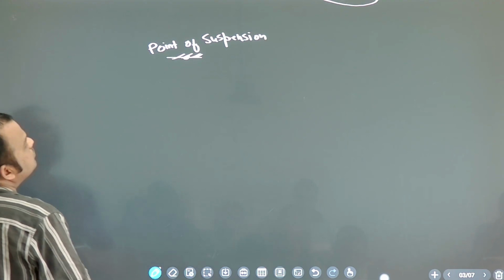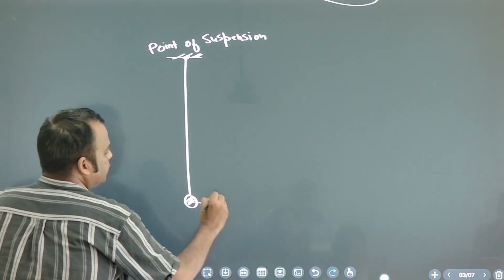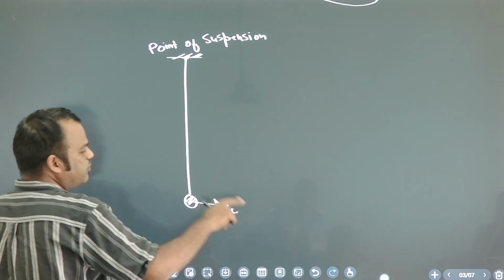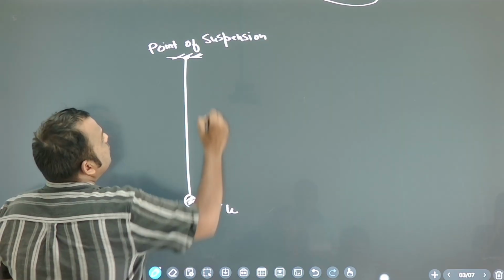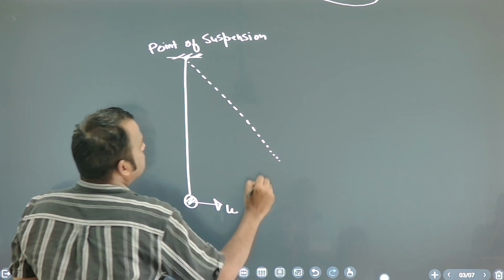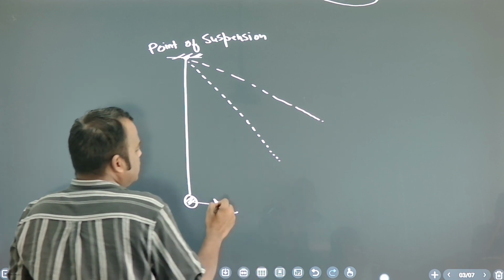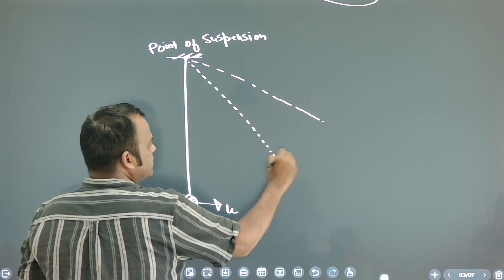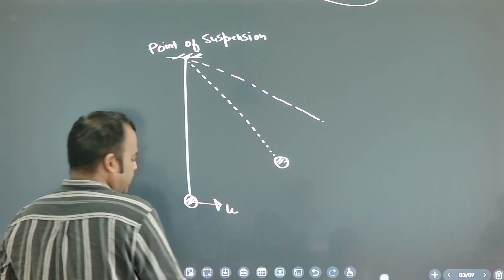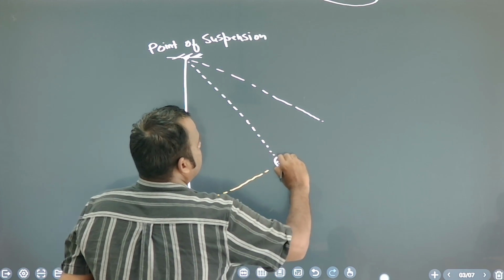Okay. So suppose this is the ball, you are giving some speed to it. What type of speed? Horizontal. So it will come up to here, maybe it will come up to here. Okay. So let's suppose after some time it is here. What is the velocity here?